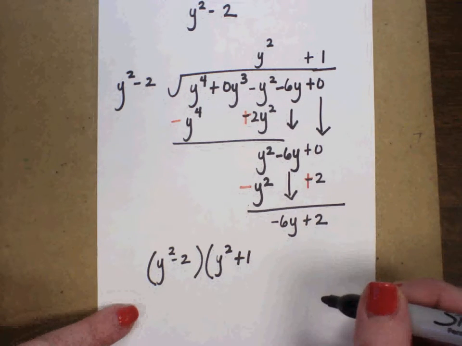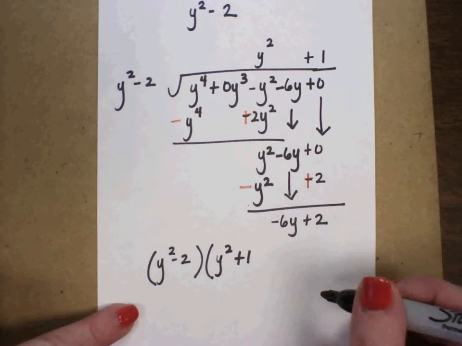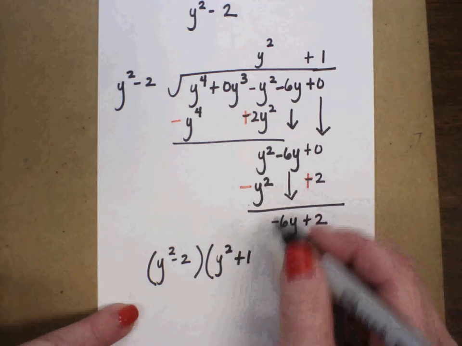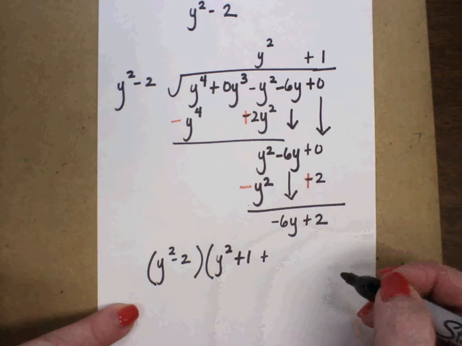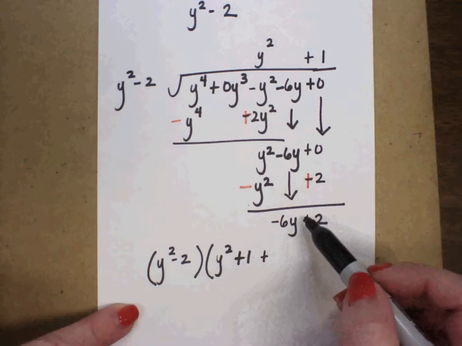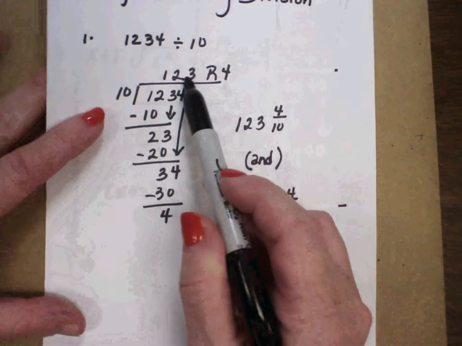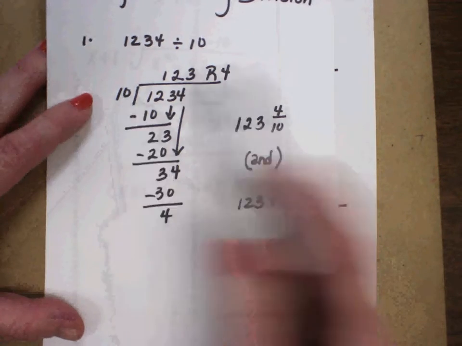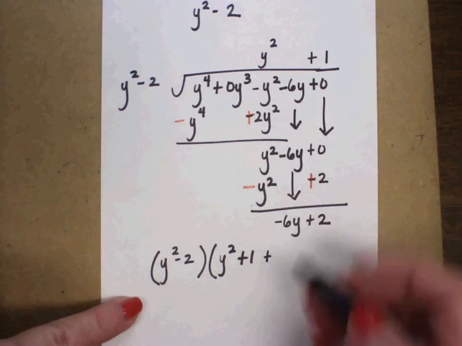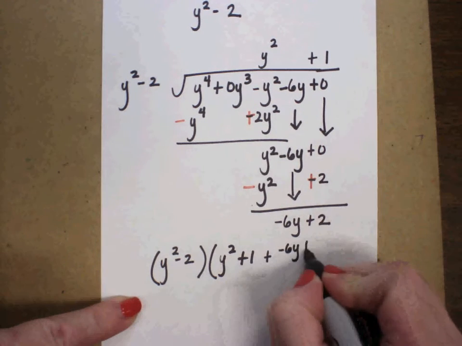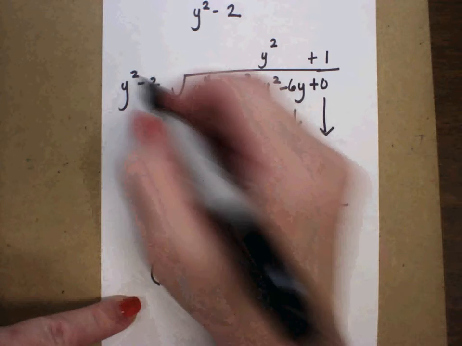Yes, plus, you got it. Now, remember, it is 123 and 4 tenths, right? So I got to go down, which is negative 6y plus 2. And then I got to go to this corner, which is y squared minus 2.